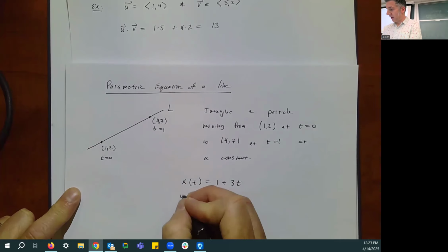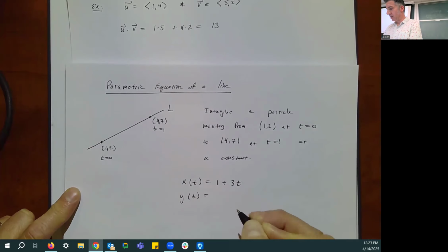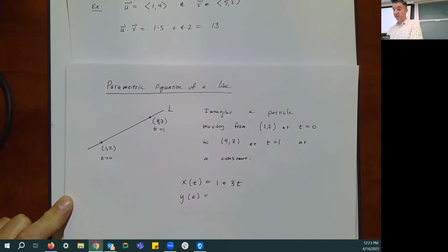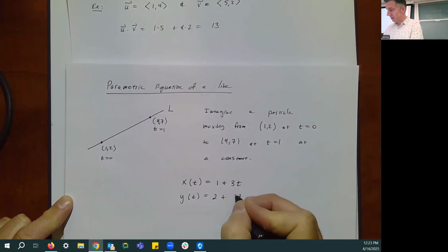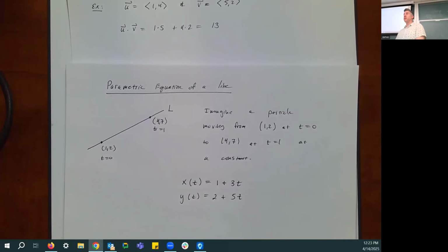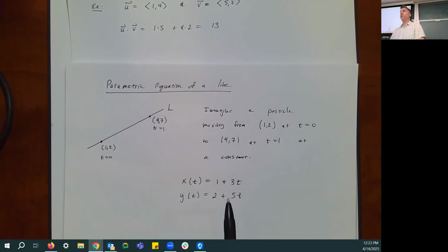Similarly, y as a function of t is equal to an initial value of 2, and then we're adding 5 times t. You can see that if you plug in t equals 0, it'll work. t equals 0 gives you (1, 2). t equals 1 gives you (4, 7). If you plugged in t equals 2, you would get 1 plus 6 is 7, 2 plus 10 is 12. You get (7, 12).